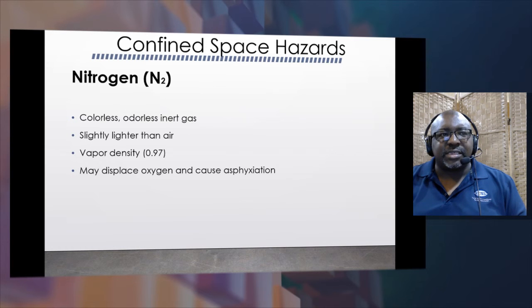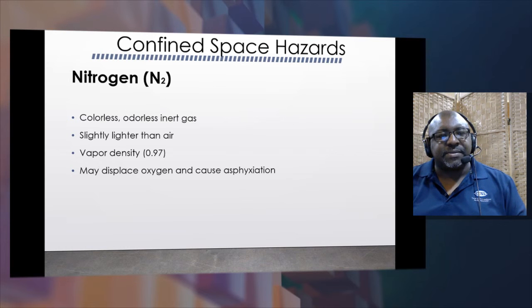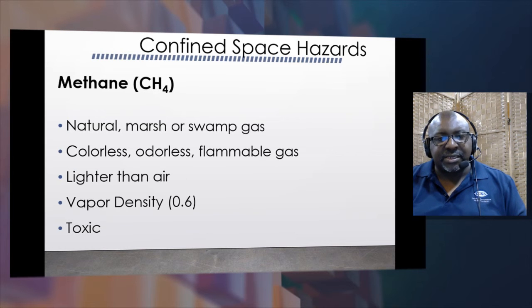Remember I told you earlier in the lesson, inerting is actually bringing down the percentage of the oxygen. Vapor density means that it is lighter than air because it's at 0.97. It may displace oxygen and cause asphyxiation. Another gas that you might see is methane, especially in a sewer system. Natural marsh or swamp gas, you'll see it. It's a colorless, odorless, flammable gas, lighter than air. So again, it's going to be atop that tank or top of that enclosure. The vapor density is 0.6.